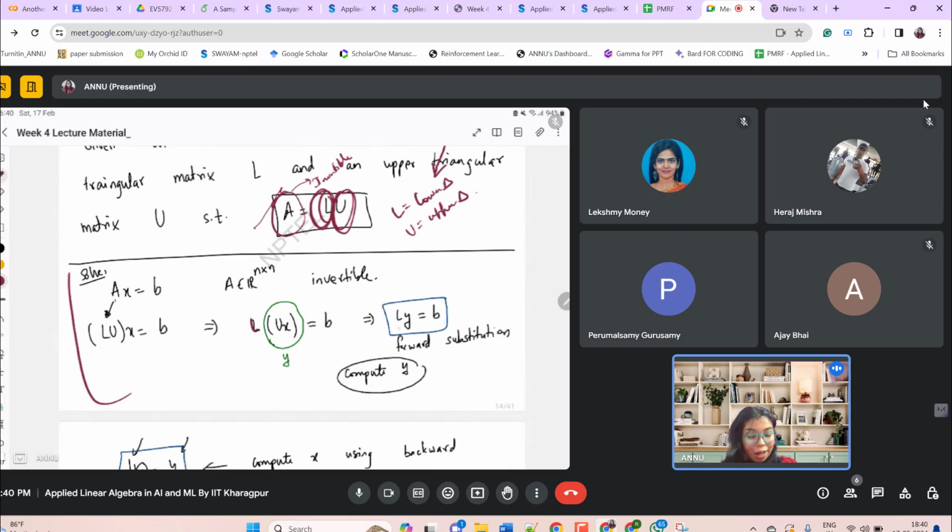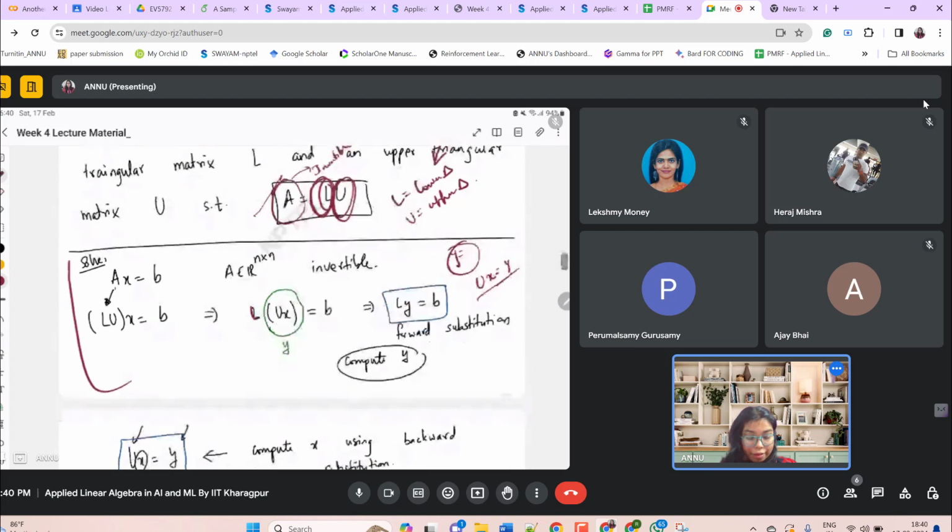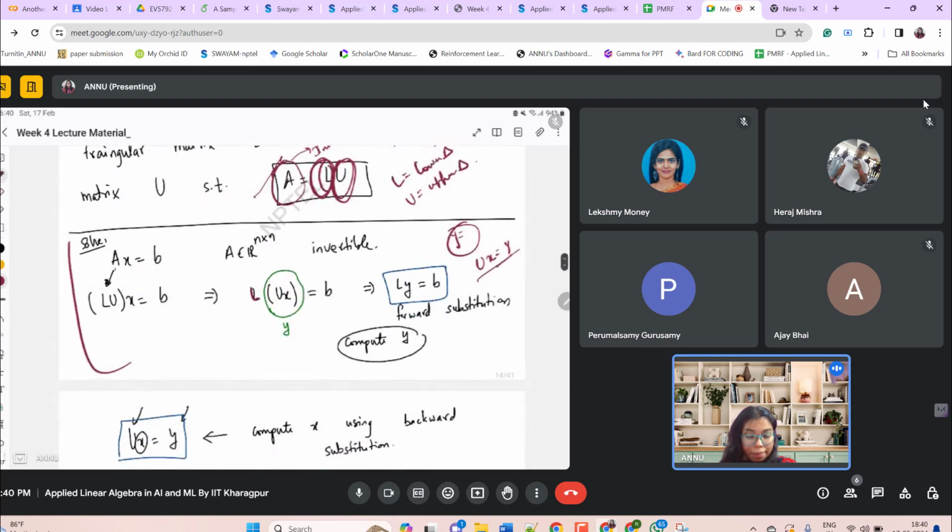You can easily solve this LY. If you get the Y value, then you can easily solve UX equals Y. Yes, this is a two-step process, I agree, but in this case you're not calculating the inverse of a matrix, which is very complex. What is the formula for calculating the inverse of a matrix? If anyone remembers, can anyone tell me?